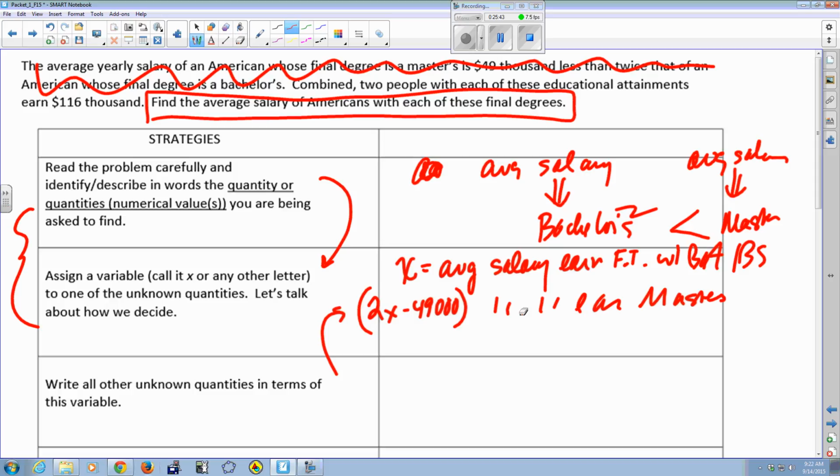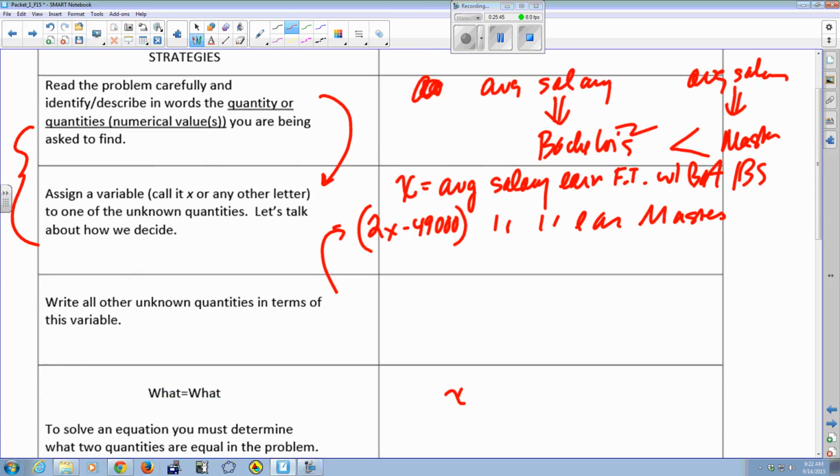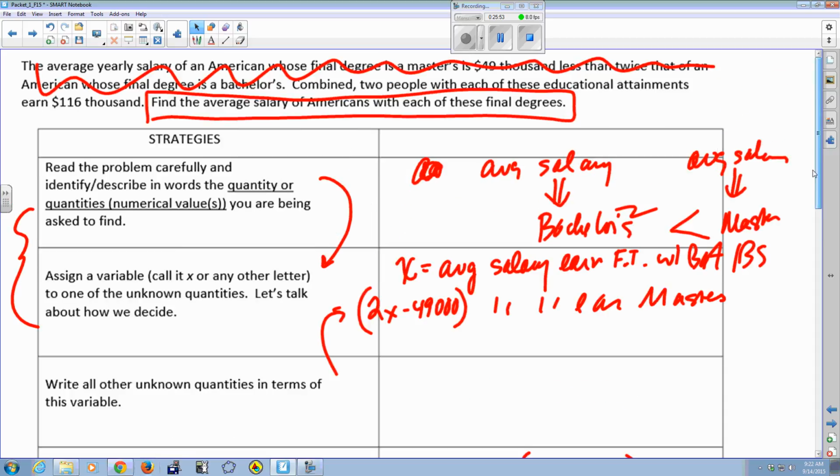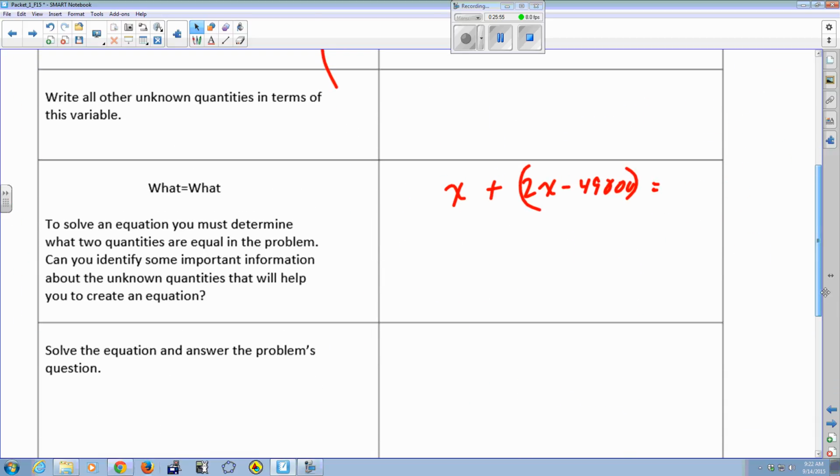Combined means that if you add these two amounts, and here they are, you come up with what? What is 116,000? Okay, 116. Then once you get there, you all know how to do this. It's getting to this point, with each of these playing key roles in your description, to get to the "what equals what."